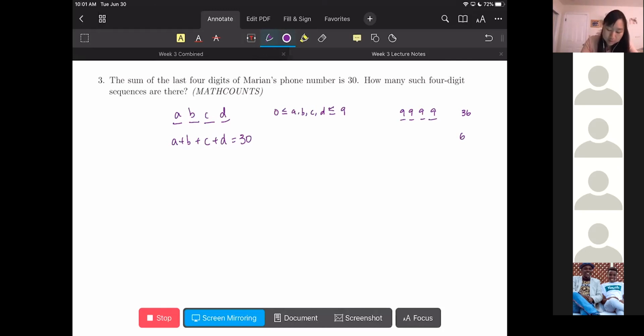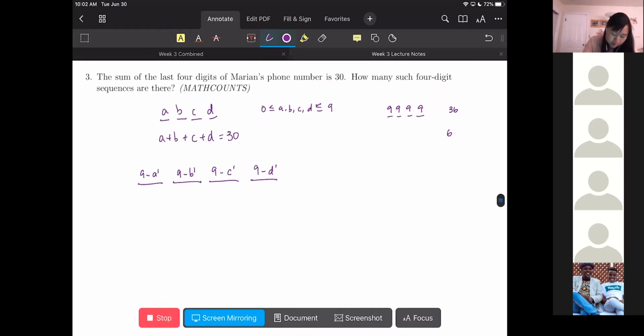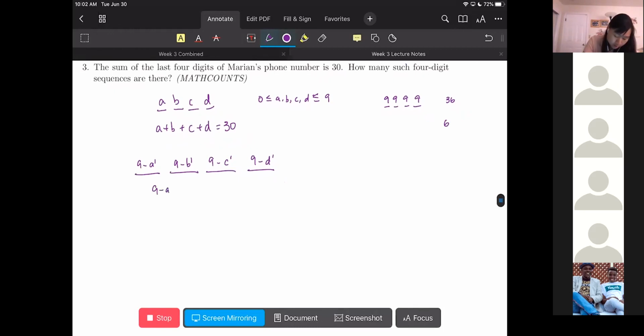So for example, let's transform this. Instead of saying A, B, C, and D, I want to actually have 9 minus A prime, 9 minus B prime, 9 minus C prime, 9 minus D prime. And we want these to sum up to 30. So 9 minus A prime plus 9 minus B prime plus 9 minus C prime plus 9 minus D prime equals 30.